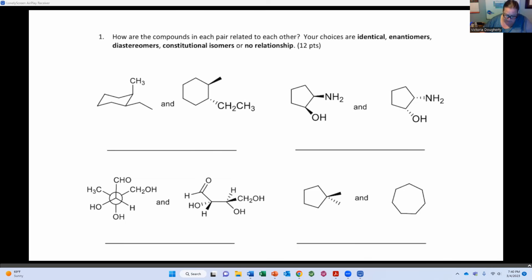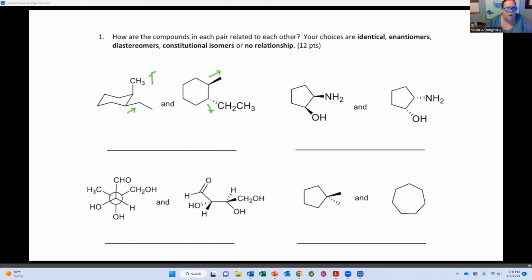There's a couple of different ways you can approach these. Some of you have a hard time comparing chairs and cyclohexagons, hexagons, I guess. One of the things you can do, there's more than one way to approach this, is see that this methyl group is going up and this ethyl group is going up. Over here, the methyl group is going up, and over here, the methyl group is going down.